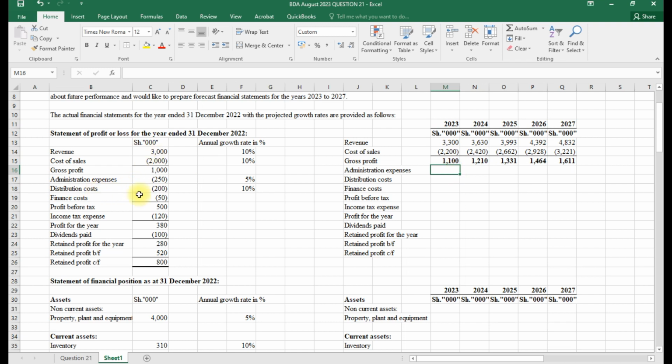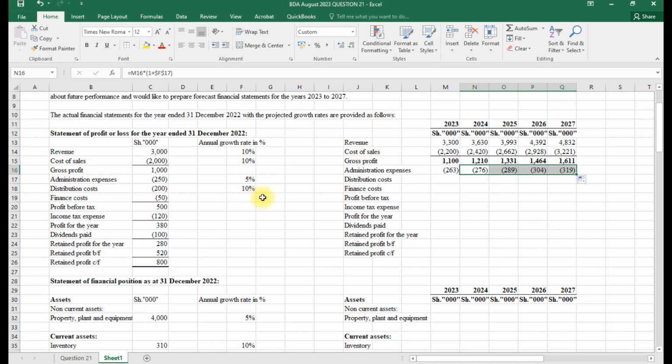Then admin is 5%, so this will be equals to this, you multiply by 1 plus 5%, fully lock that, F4, and you enter. The second year will be this value multiplied by 1 plus 5% growth rate, so fully lock that, and you'll drag that.